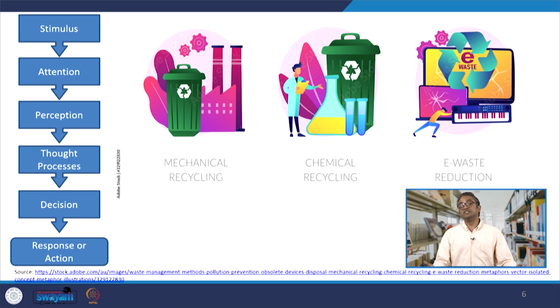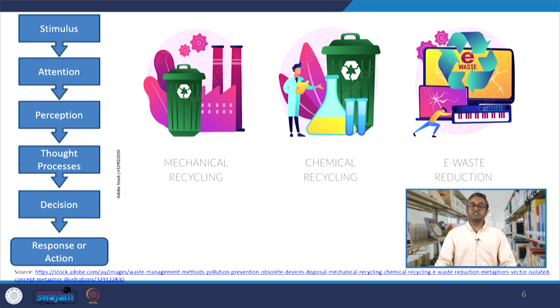So when the stimulus is there, we pay attention to what kind of waste it is, with the help of perception, visual perception, auditory perception, or any other type of sensory perception. Once our sensory perception provides us this information, we pay attention to which waste we have to attend to first, like chemical waste, mechanical waste, or e-waste.